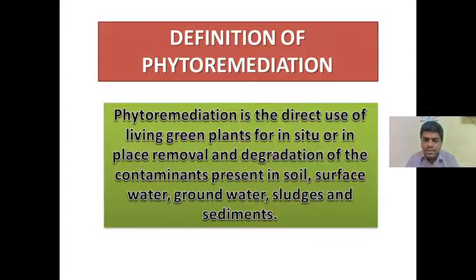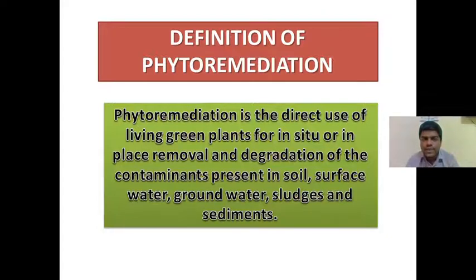In my previous presentation, I spoke about bioremediation, and bioremediation is useful in removing or neutralizing contaminants from a polluted site. In bioremediation, we use microorganisms, and here in phytoremediation, instead of microorganisms, we are going to use living green plants.